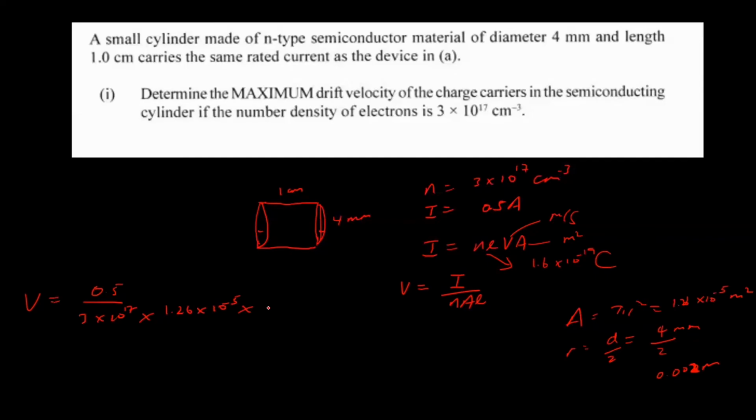Multiply that again by the charge of the electron, 1.6 times 10 to the minus 19 coulombs. Once you do all of that, you can work out the denominator by itself and then divide the 0.5 by it. So v in this case should give us a value of 6 times 10 to the negative 7 meters per second. And that completes this aspect of the question.